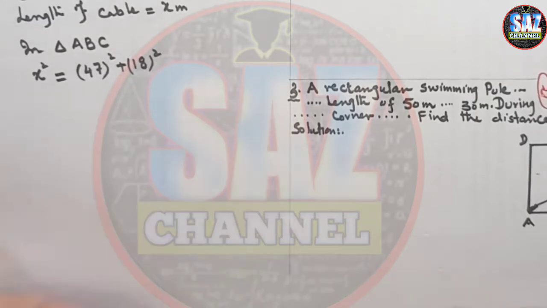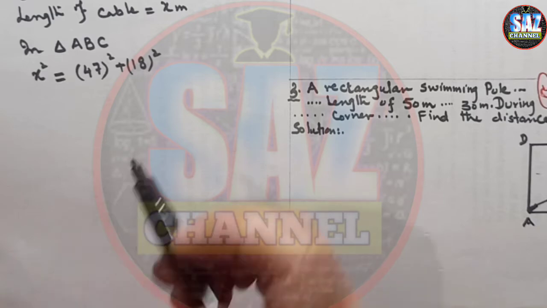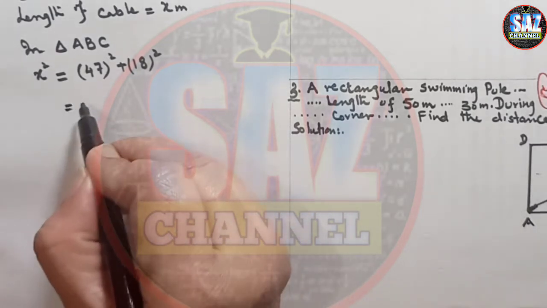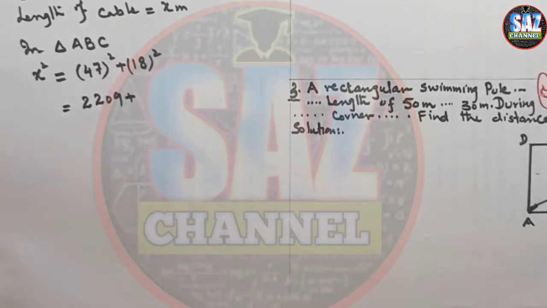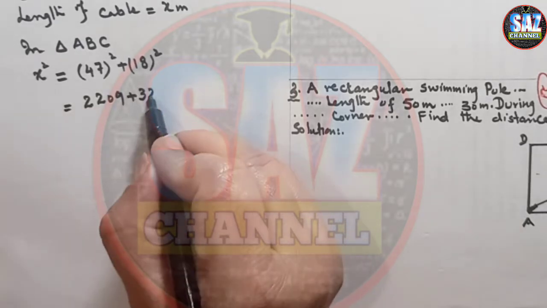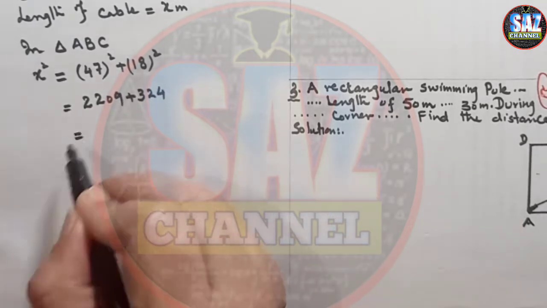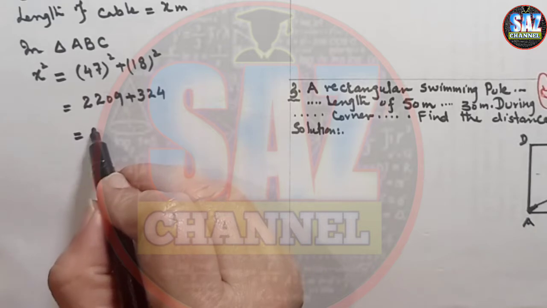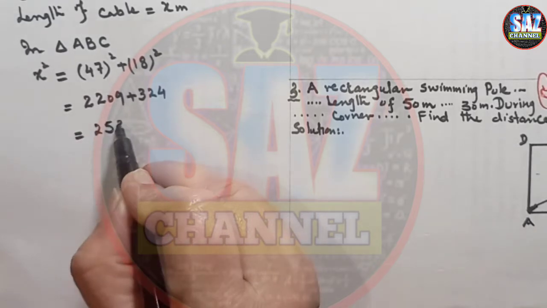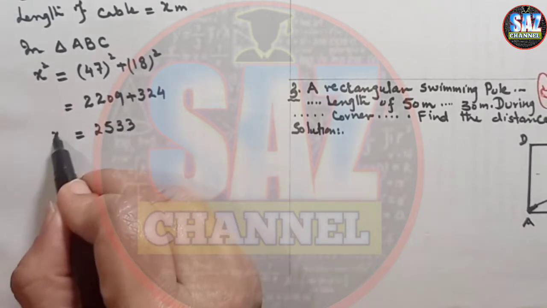Now we have to check the squares of 47 and 18. 47 square is equal to 2209. 18 square is 324, but let me reconfirm this. Yes, 324. Now we have to add up these two values. 2209 plus 324 is 2533, and this is equal to x square.